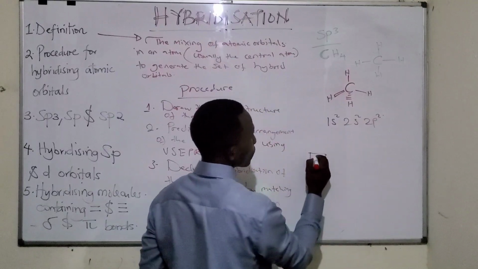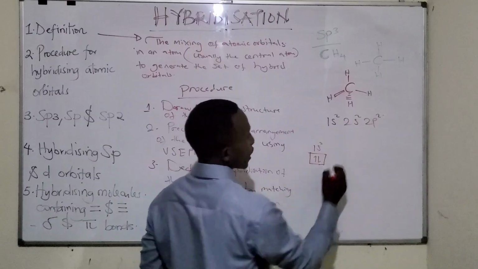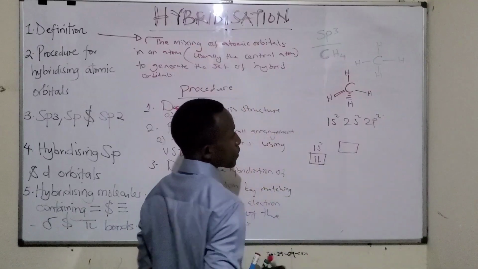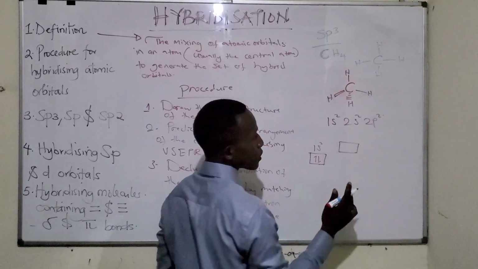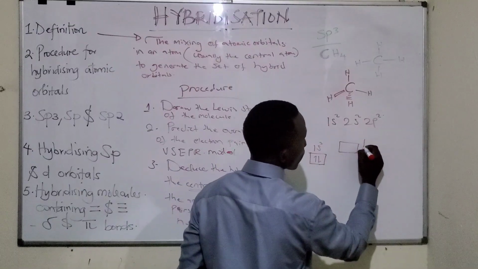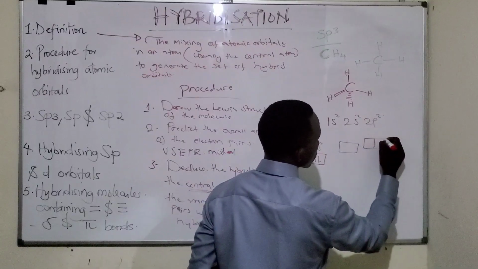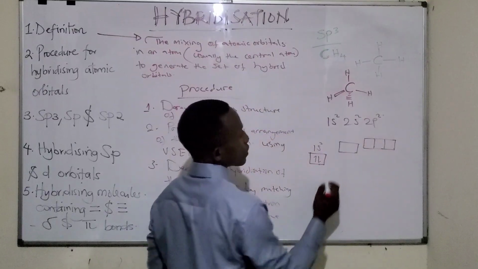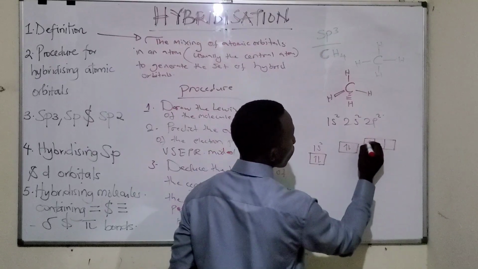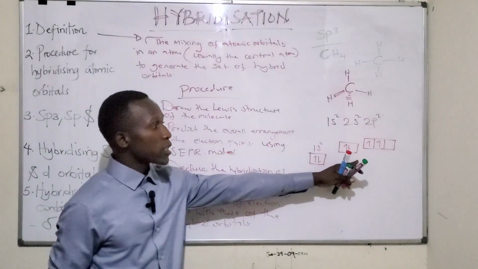At the first energy level, we have this, 1s2. Then at the second energy level, slightly above the first, we have two subshells: the s, which is closer to the nucleus, and the p. But p has 3 orbitals. The s subshell has 2 electrons, and here we have 1, 2 in the p. So this is the ground state.